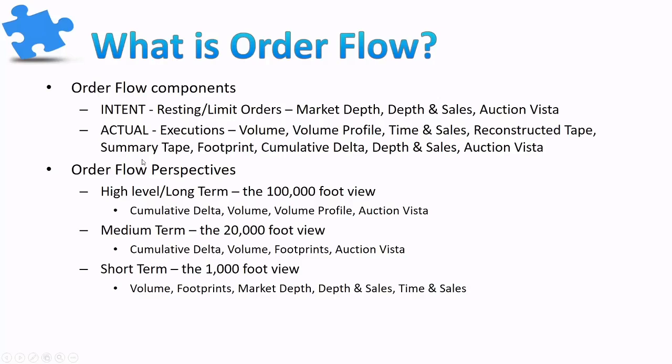So what the intent tells you is that people are interested in a level, or people are trying to play a level. And a lot of the time, as you know, the bids and offers are fake or spoof orders placed to make the market look weaker or stronger than it is, but it still tells us that it's an area of interest. Now, that practice has been outlawed in US futures markets, but it's not very easy to police.